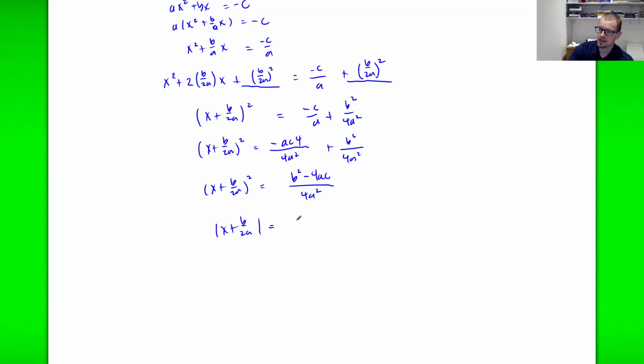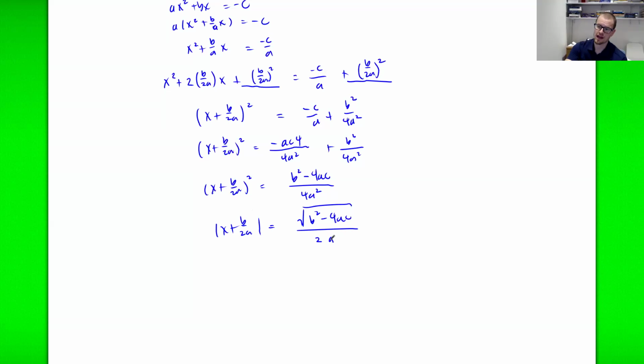When I square root the right-hand side, the numerator is simply the square root of b squared minus 4ac, and that denominator I can take the square root of. The square root of 4 is 2, and the square root of a squared is technically the absolute value of a, but I'm going to just write it as a. Mostly because I already have absolute value on this side of the equation, so I'm going to end up with a plus or minus over here anyway.